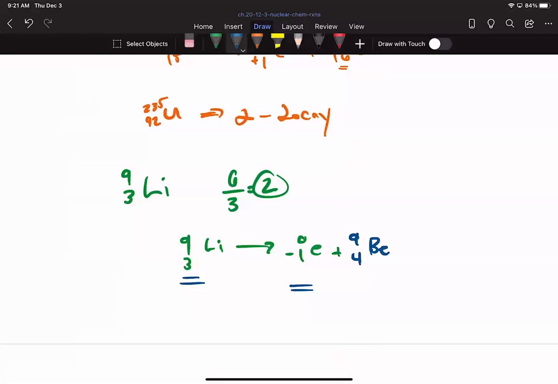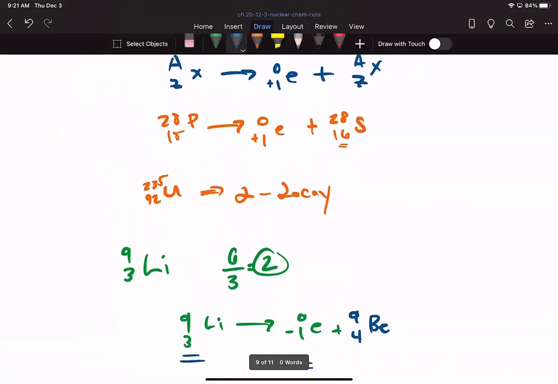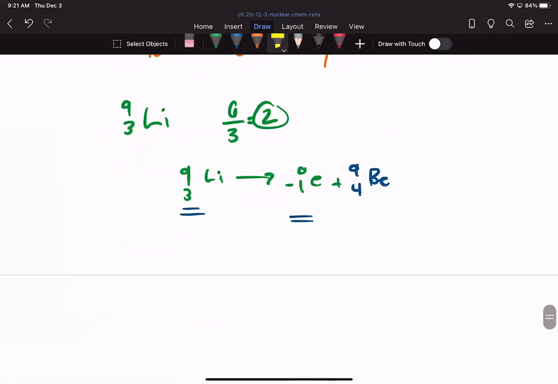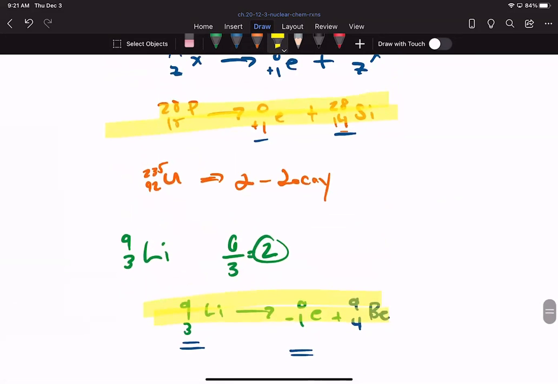I'm pretty sure I made that same mistake above, so let's fix that, because this equals 17, not 15. Which means this has to be 14, which makes this silicon. So please make those changes. I'm going to highlight those here, and this one. Please make those corrections. My math was off there.